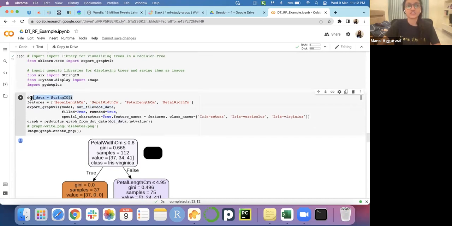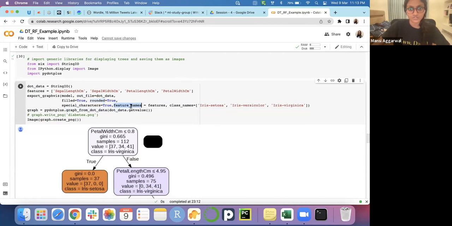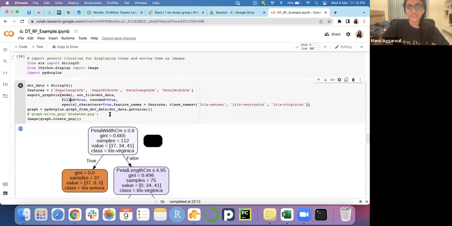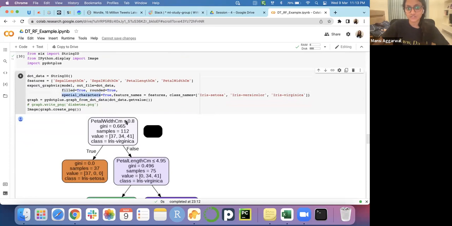StringIO is input output in programming. I don't think you'll have to understand this. Our other parameters will make sense: rounded true, filled true, special characters true, feature names, that is this list, and class names, the 3 unique class names. Special characters stands for the greater than or equal to symbols, if we want the diagram to print them correctly.